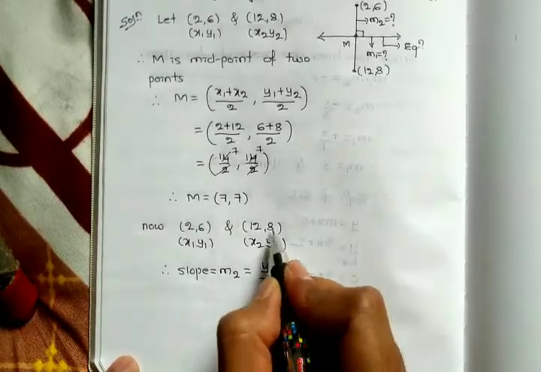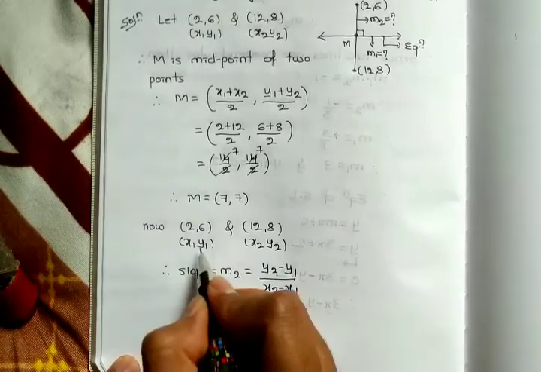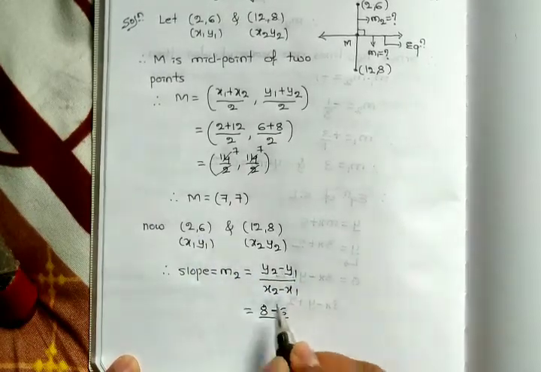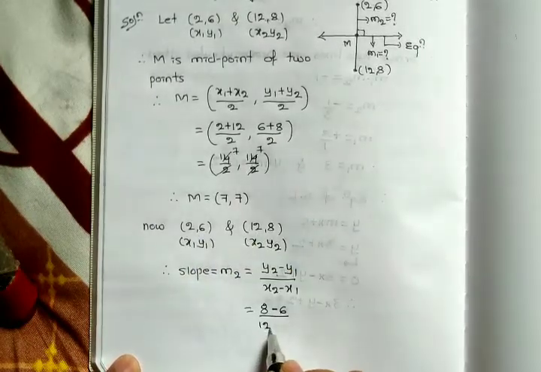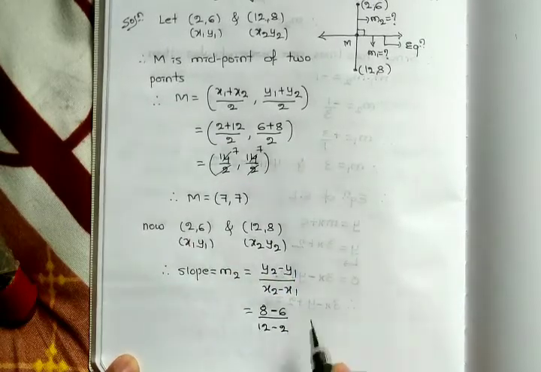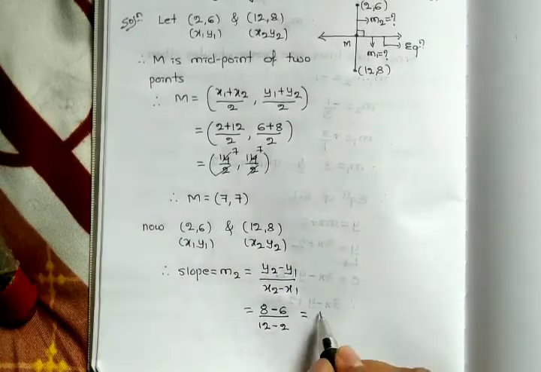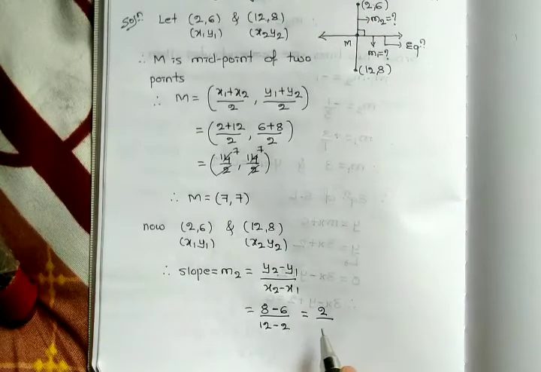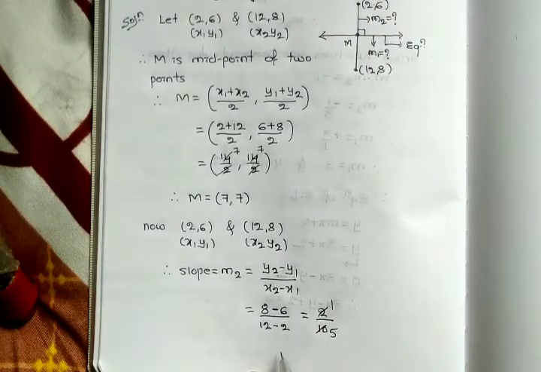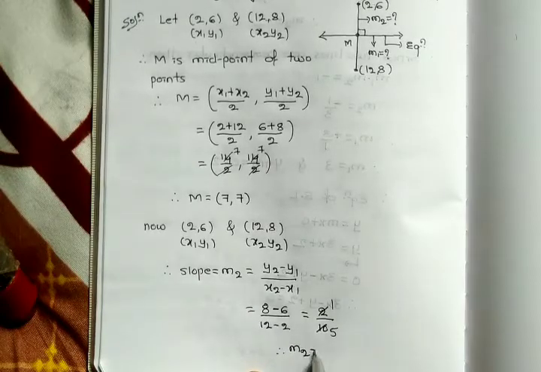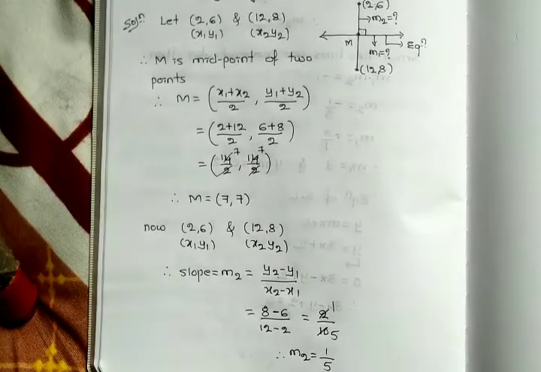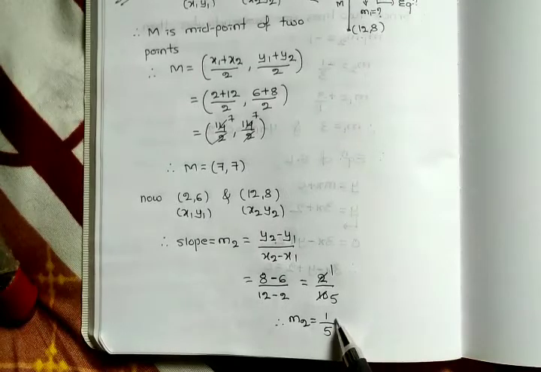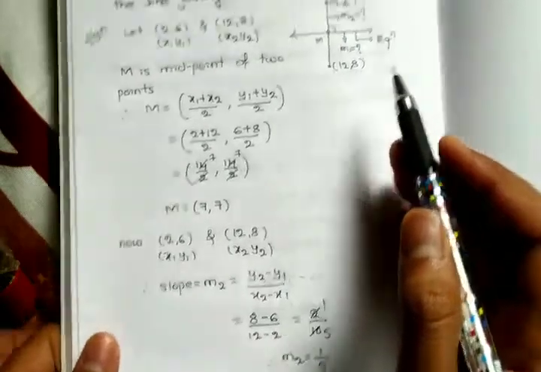So y2 is 8 minus y1 is 6, divided by x2 12 minus x1 is 2. 8 minus 6 is 2, divided by 12 minus 2 is 10. 2 fives are 10. Therefore the m2 value is 1 divided by 5.